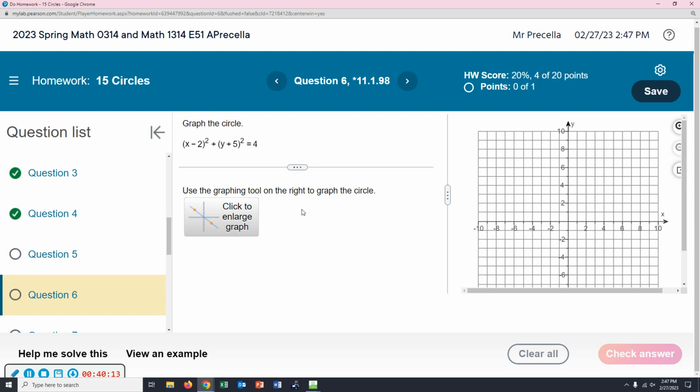Let me write it down. So we have this equation, x minus 2 squared plus y plus 5 squared equals 4.